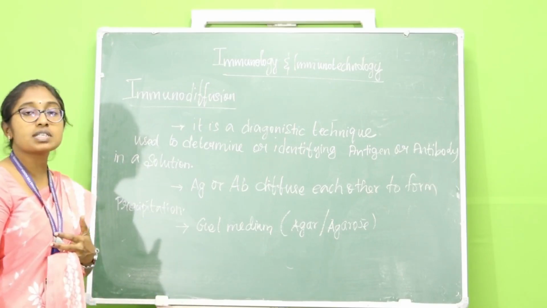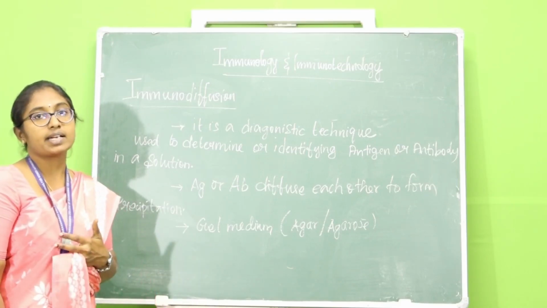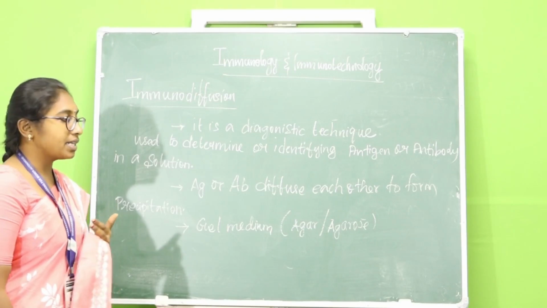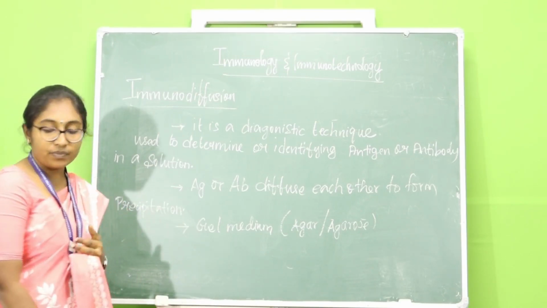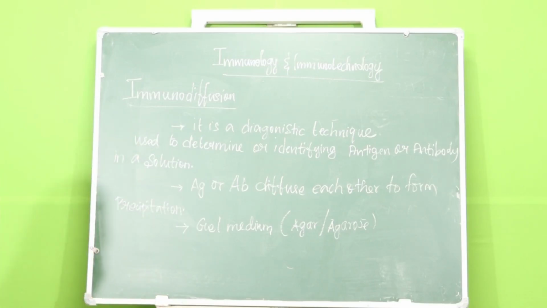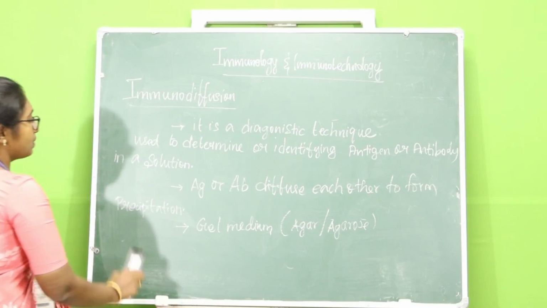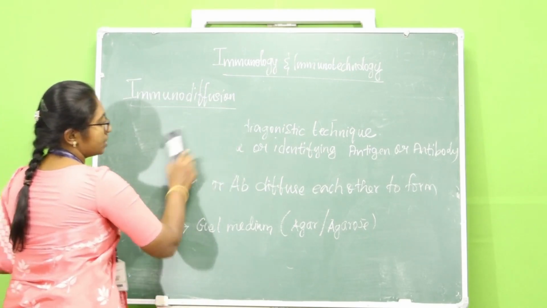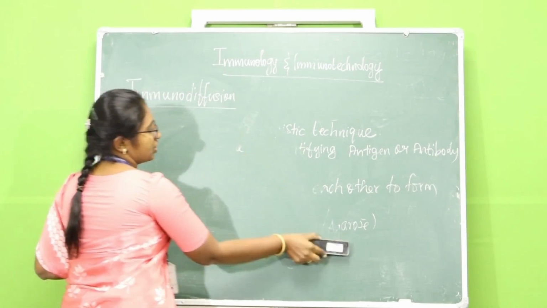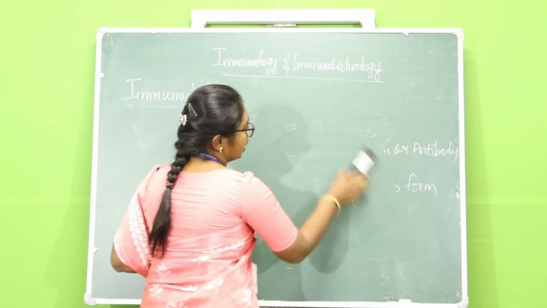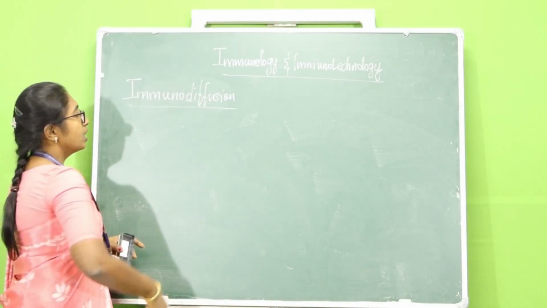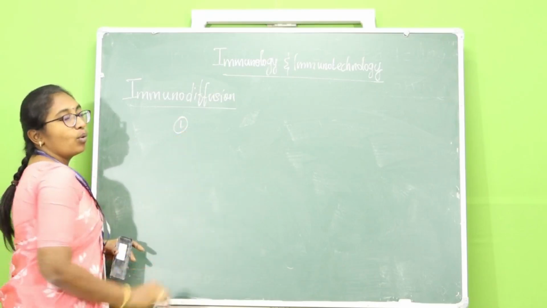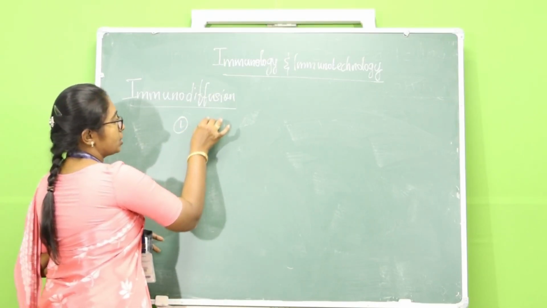So immunodiffusion is a technique where the antigen or antibody interaction takes place in a gel medium, where we can see the result as a precipitation. We have to know what precipitation is and how it takes place. Before that, immunodiffusion takes place in two ways. One, both the antigen and antibody are in a solution.